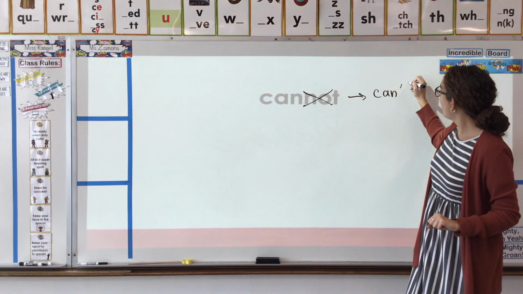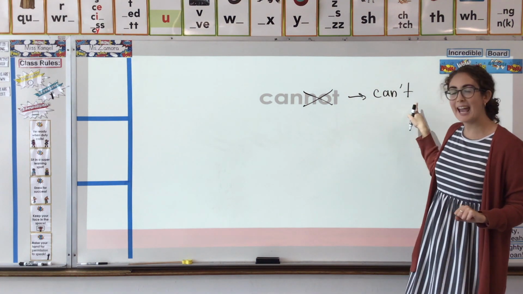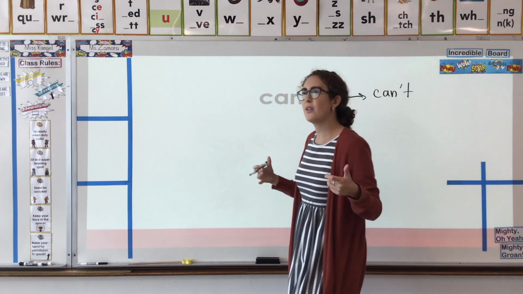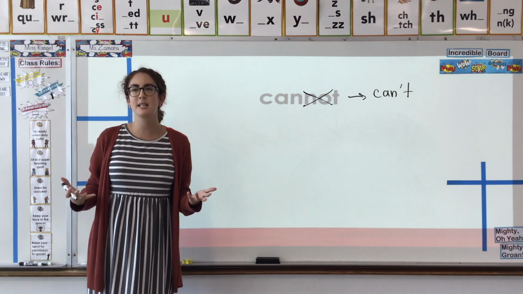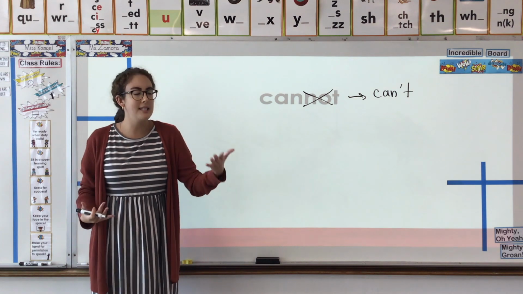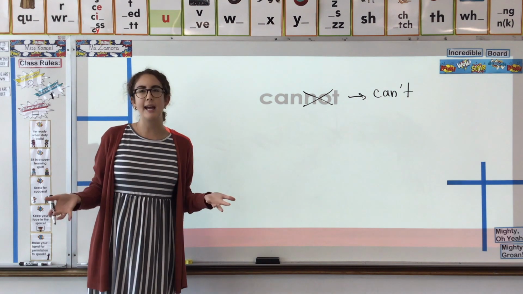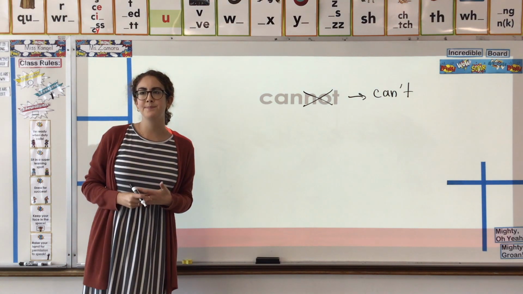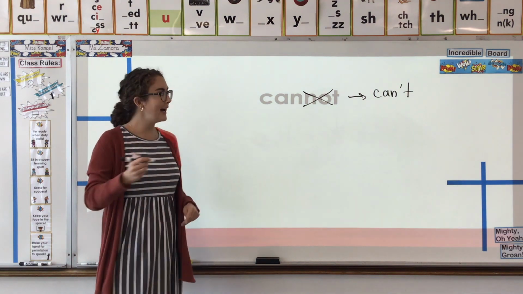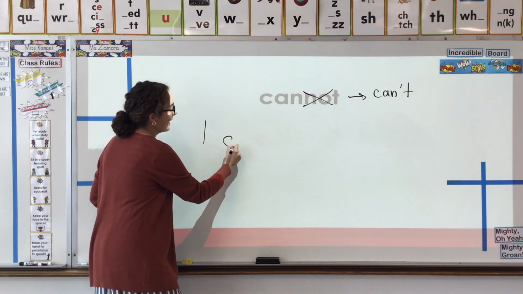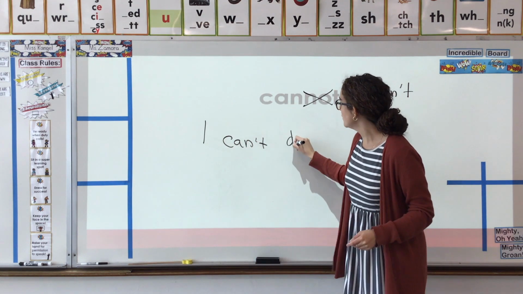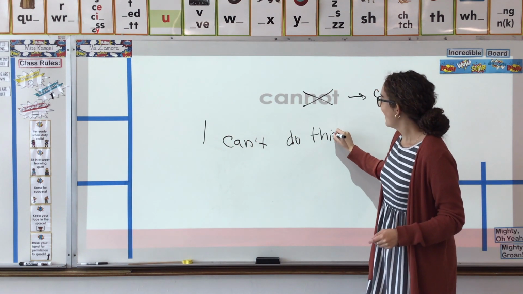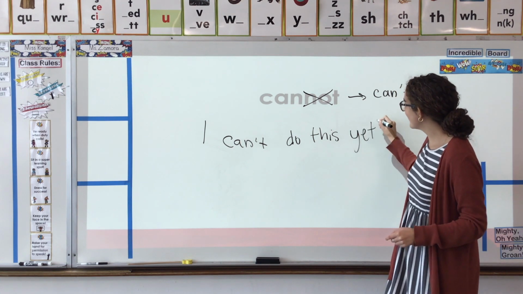Can, apostrophe T. Can't. So I'm going to think, what situation would I say can't? Trying to think of a sentence that I would write with can't. Oh, I know. I can't do this. You know where I'm going? Yet.